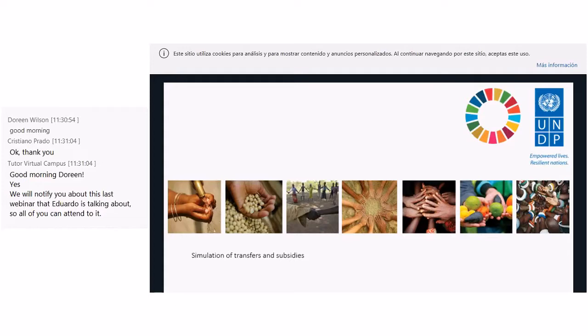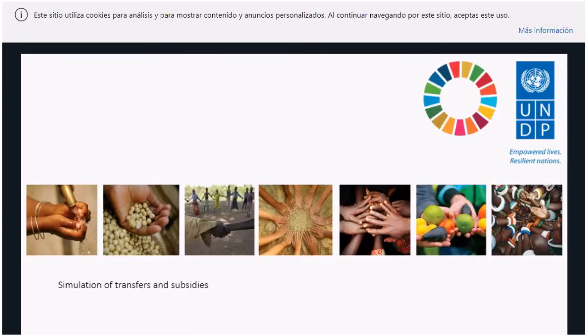As for the first part, what we reviewed last week was indirect and direct taxes, which is this interaction between households and government, in which households, mainly, pay taxes for the goods and services they purchase, and they also pay taxes and contributions for the factors they sell in the market.